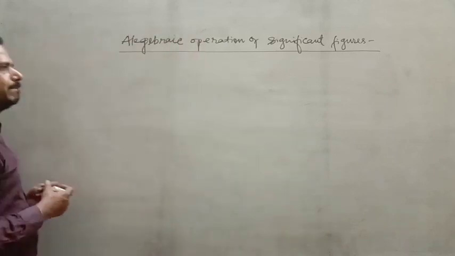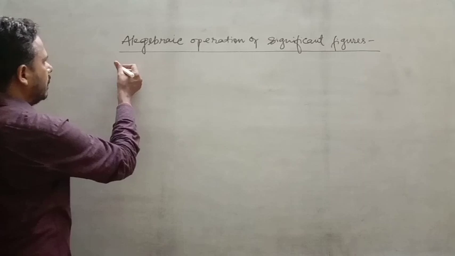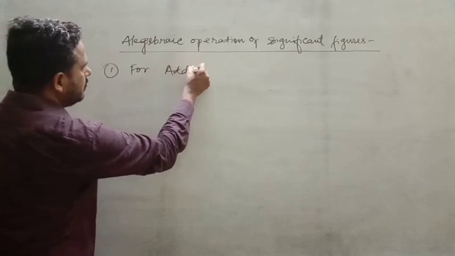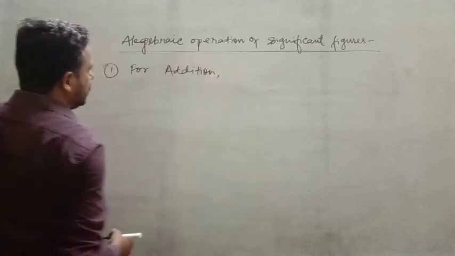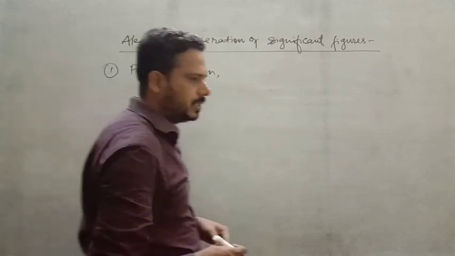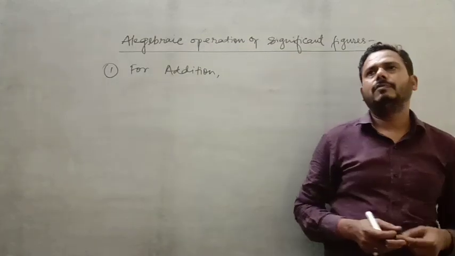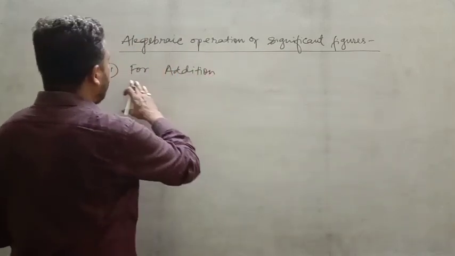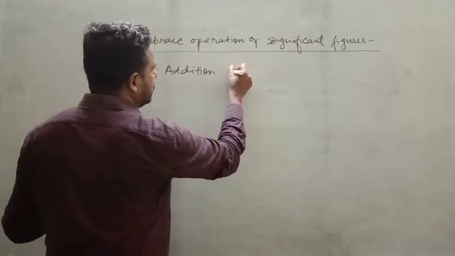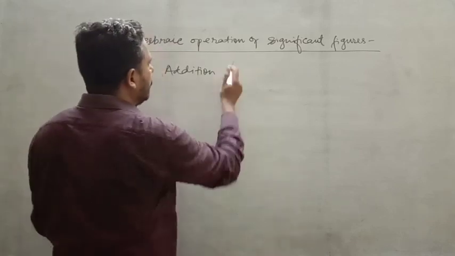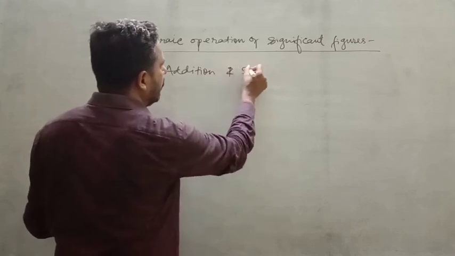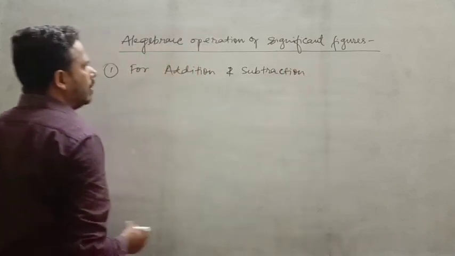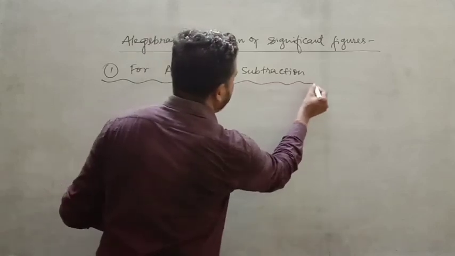Okay. So here I am taking number 1 for addition. In the case of addition, this rule also exists for subtraction, so directly here we can take addition and subtraction together.